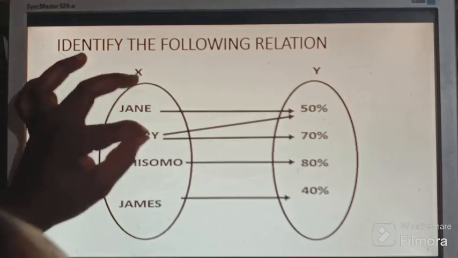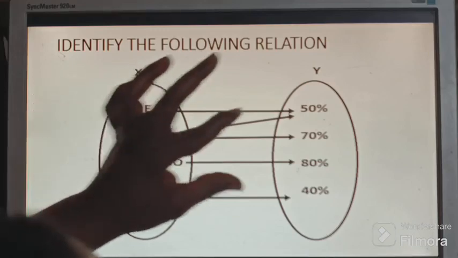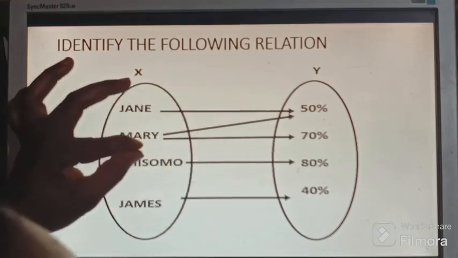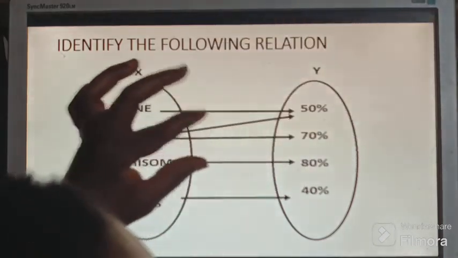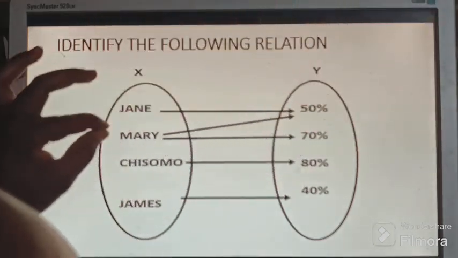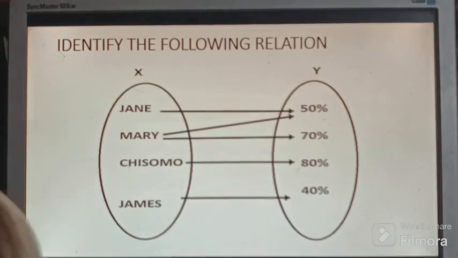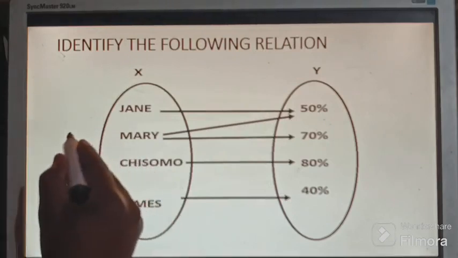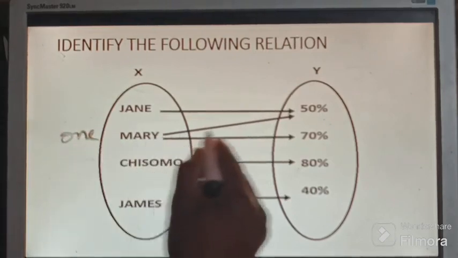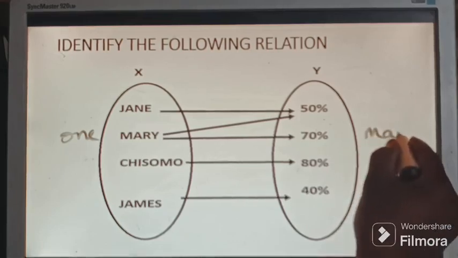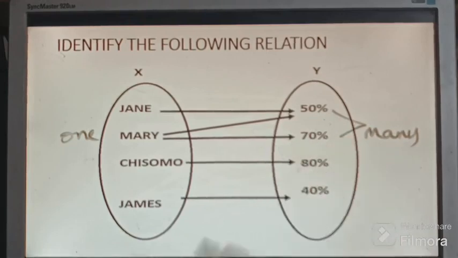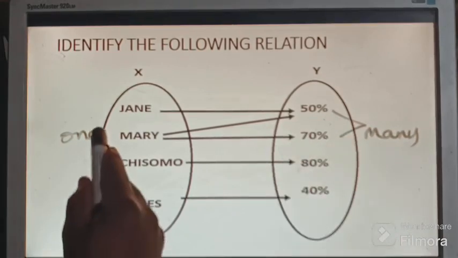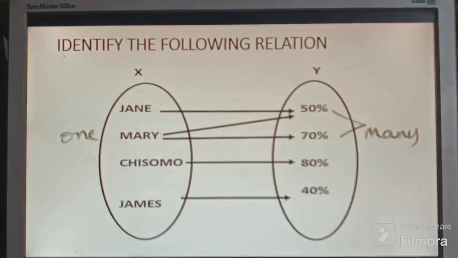But Mary has 2 arrows. So Mary is 1, and we have 2 arrows, so 1 to many. So there is 1 to many there. We have identified a 1 there, and a many from these 2. So 1 to many.